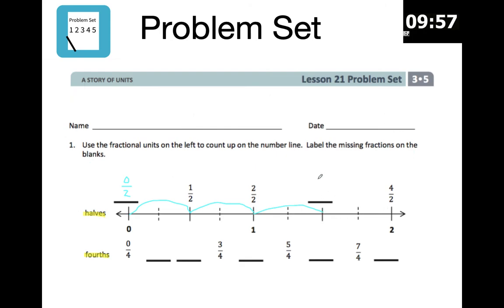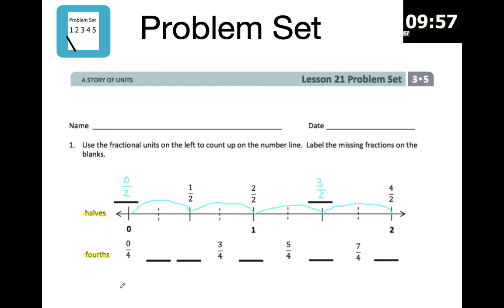Then we count up, and now we have 3 halves. And then we skip over, and now we have 4 halves at the whole number of 2. Now I use these skip jumps just for you to see that I am skipping by halves. I'm ignoring those middle dotted lines for right now.